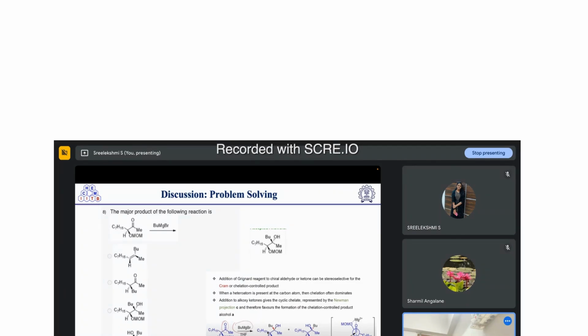Similar to what we explained earlier in the organolithium case, but here one difference is that since a heteroatom is there in the adjacent carbon, there is a possibility of chelation with this magnesium. So these are two major topics while we deal with organometallic reagents, that is, stereochemistry of 1,2 addition, particularly if a chiral center is already present adjacent to that ketone or aldehyde.